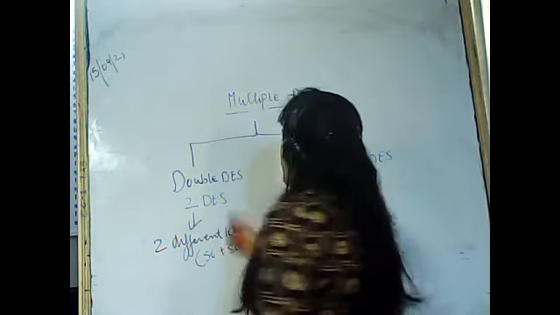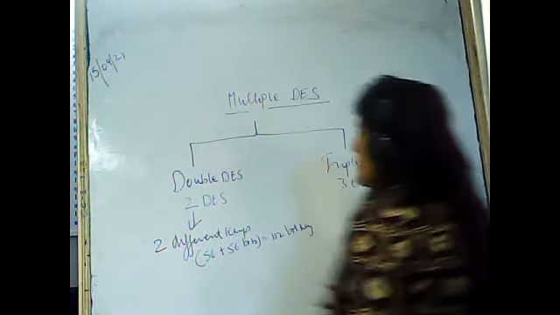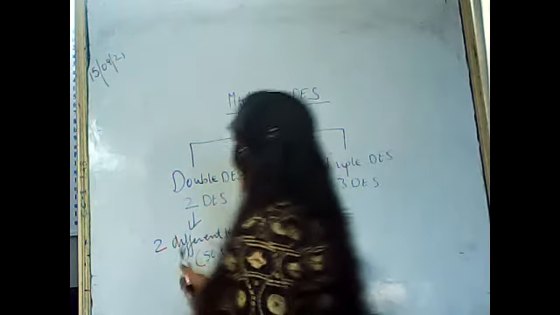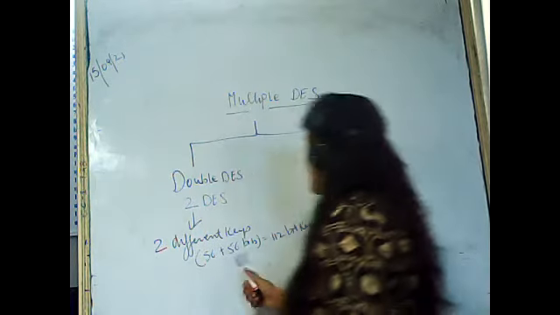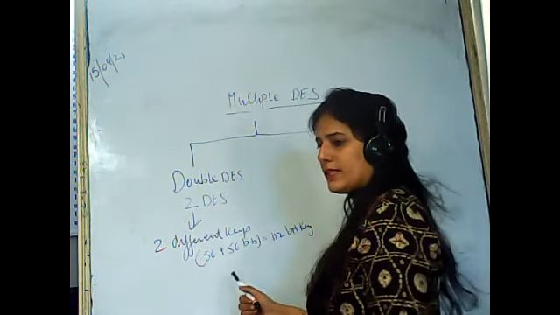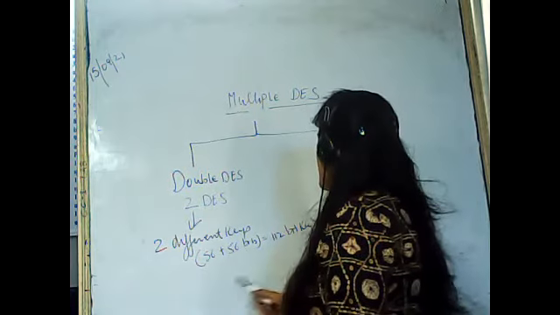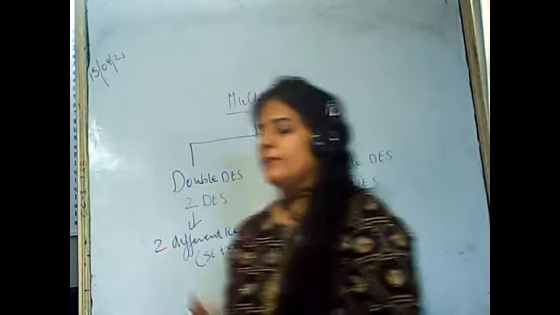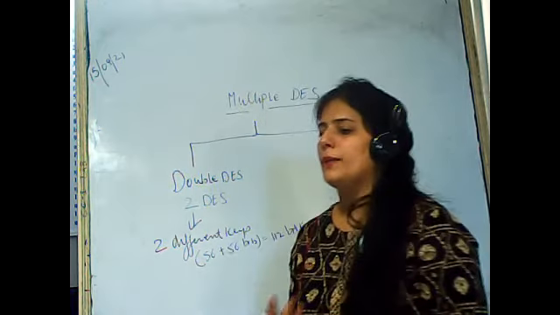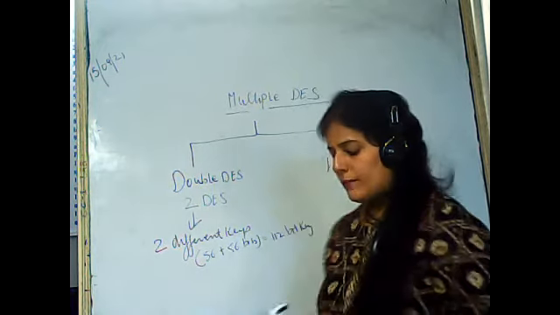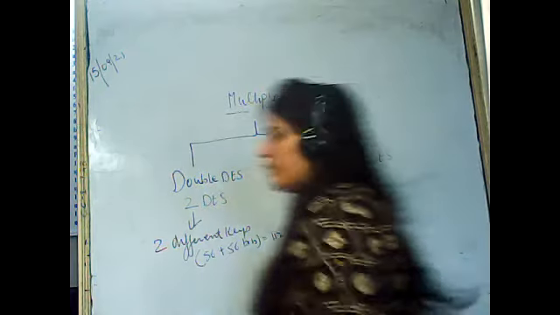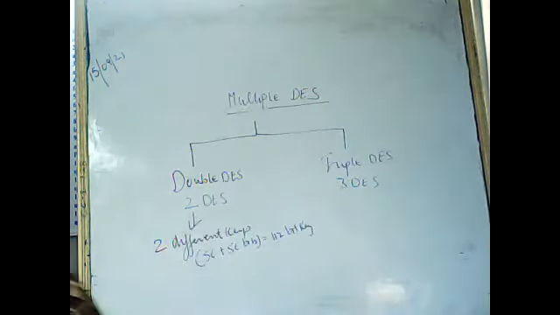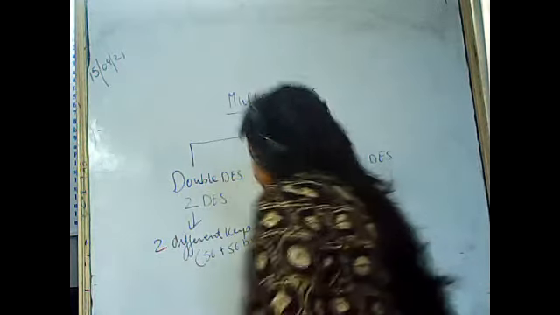We can say that in 2DES or double DES, we are using two different keys of 56 bits each, and we can combine both sizes, so we have a total 112-bit key. Fine. Now we will start with the double DES portion.